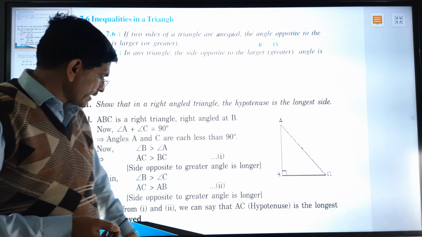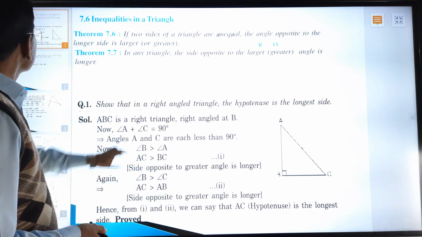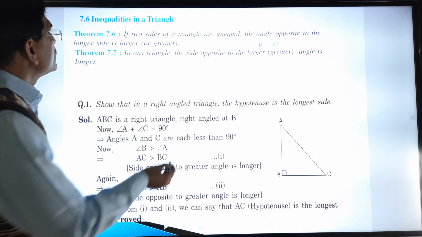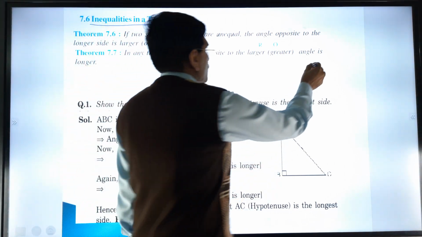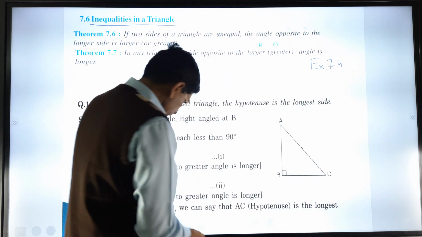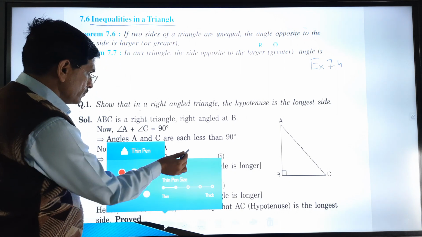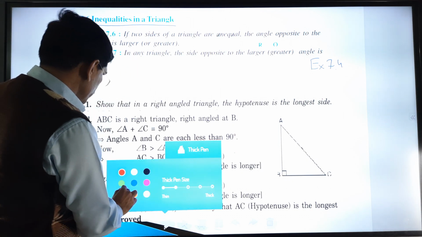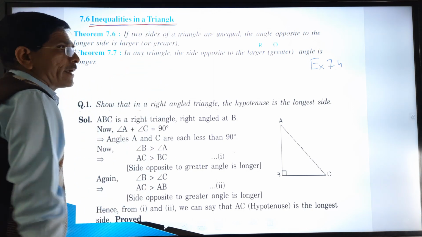Before we start exercise 7.4, we have to understand some rules, that is, inequalities of triangle.